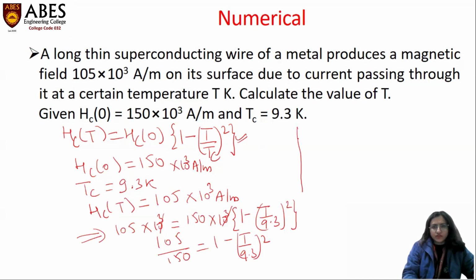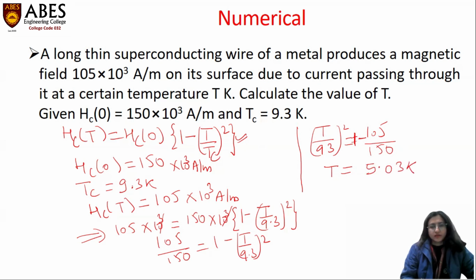On further solving, you obtain the value of T, which is found to be 5.03 Kelvin. So in this question you have to determine the temperature at which the given critical magnetic field value occurs. It is a direct formula based question.